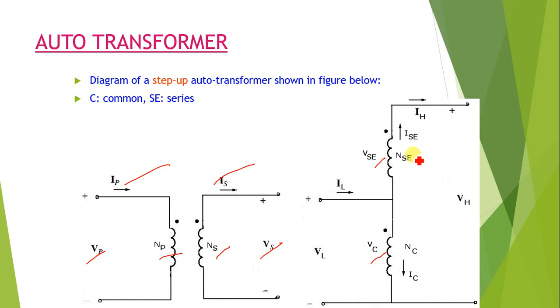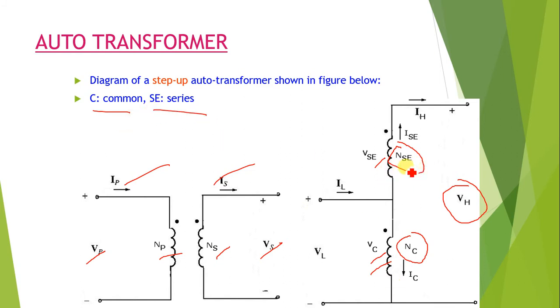The number of turns are NSC and NC. VH is the output voltage. This technique is called a compound type of winding, where we have one common winding, VC with NC turns, and one series winding, NSC.